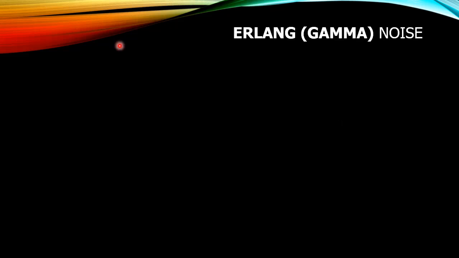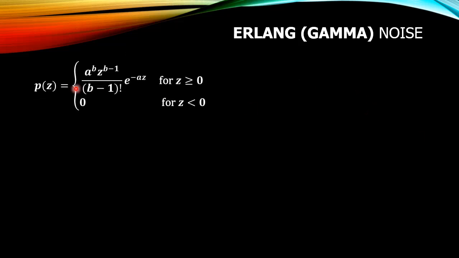The next type of noise we are going to learn is the Erlang noise, also called gamma noise. It is defined by this equation: P of z is equal to a raised to b into z raised to b minus 1 divided by (b minus 1) factorial into e raised to minus az for z greater than or equal to 0, and for z less than 0 the P of z will be 0.